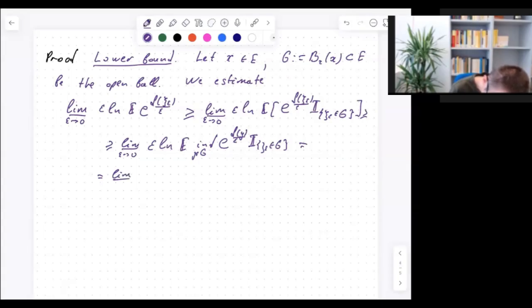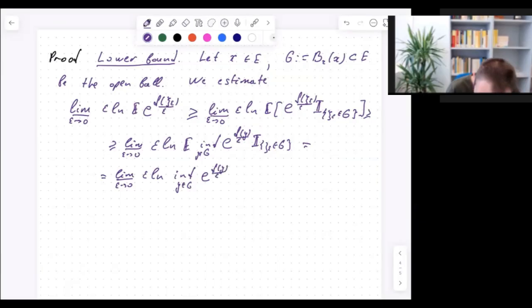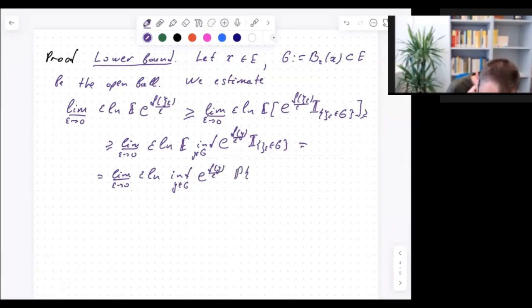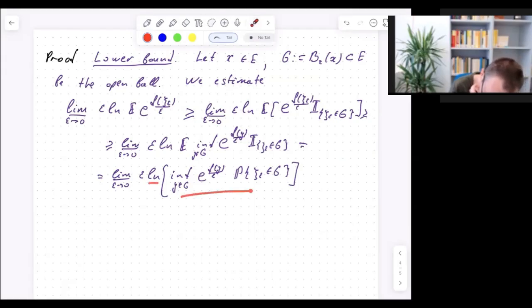Then we will write it: lim inf of the infimum over y in G of e to the power f of y divided by epsilon, and then the probability that psi epsilon belongs to G. But here we have the logarithm of a product of two sequences.